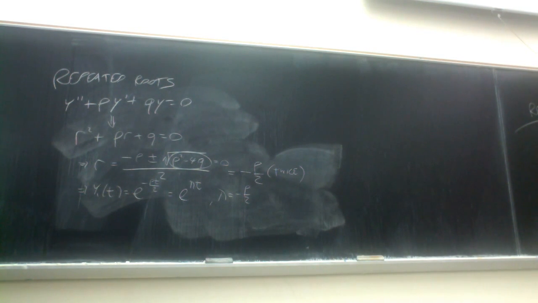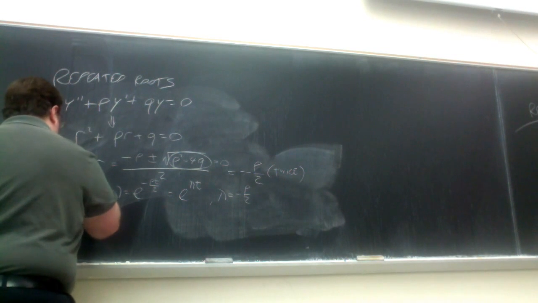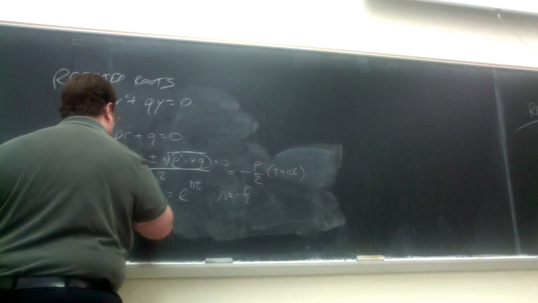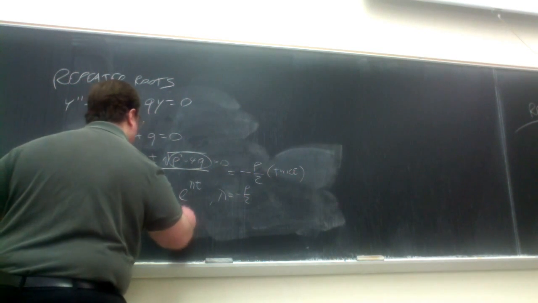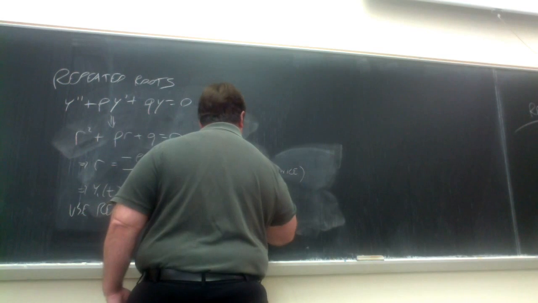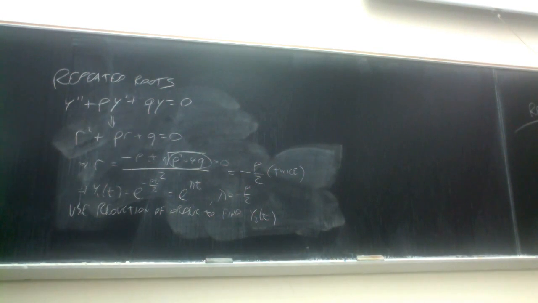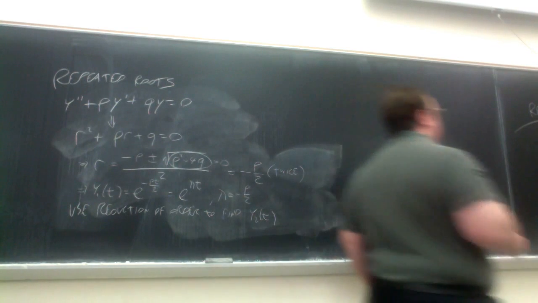Okay. So what we do is we use reduction of order to find y2 of t, just like in the previous example. So follow the same steps.